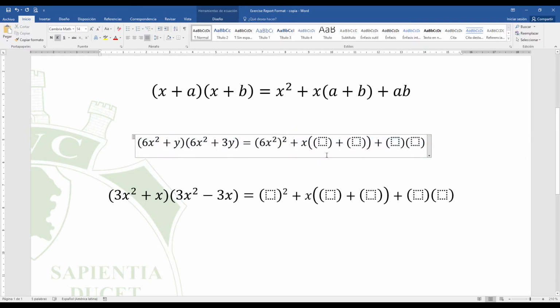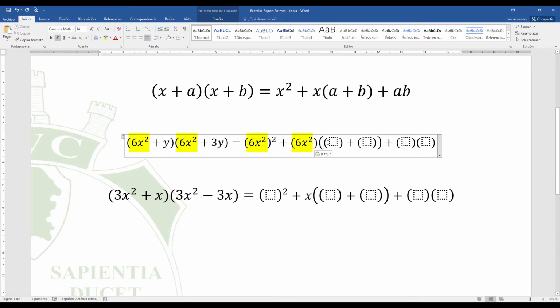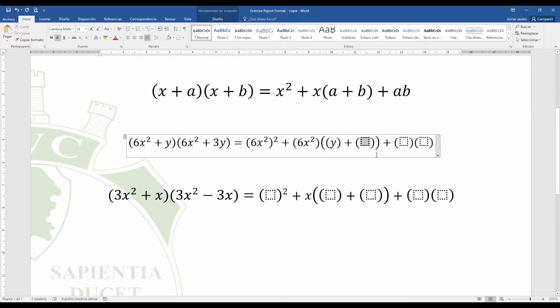Again, this is the common term, 6x squared, and you need to add here the other two terms. This is y plus 3y, and this is y and 3y.